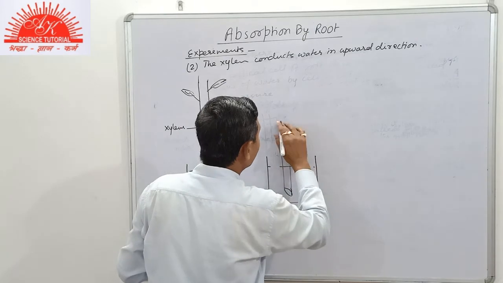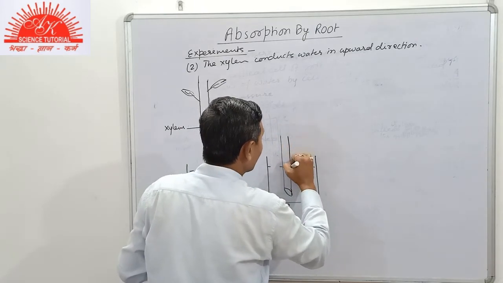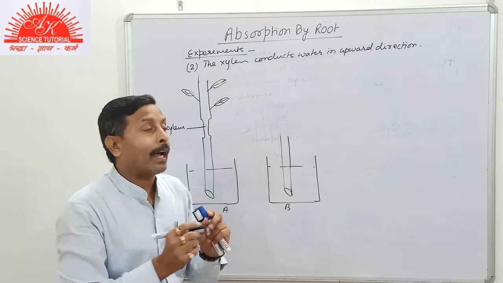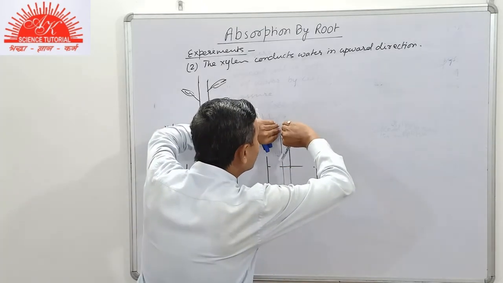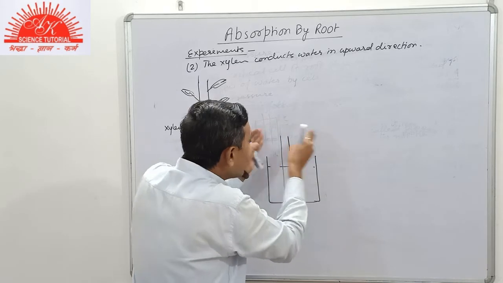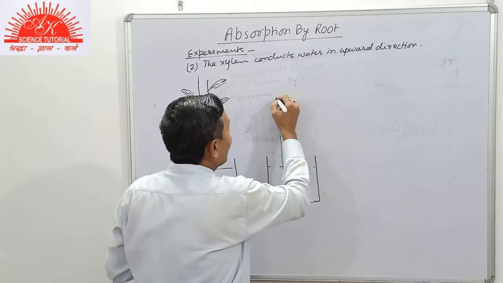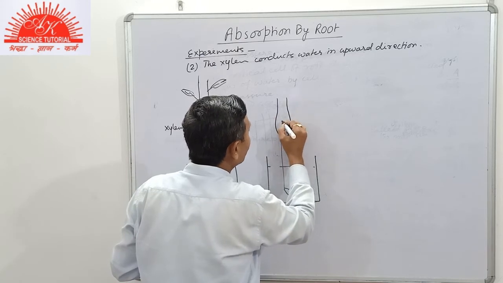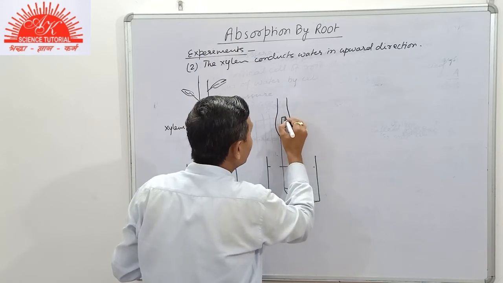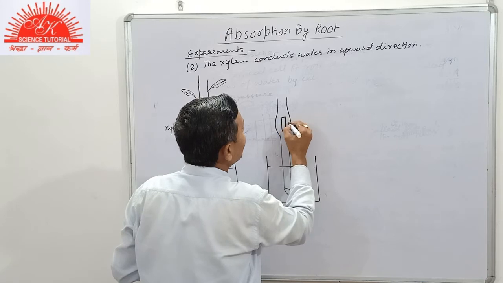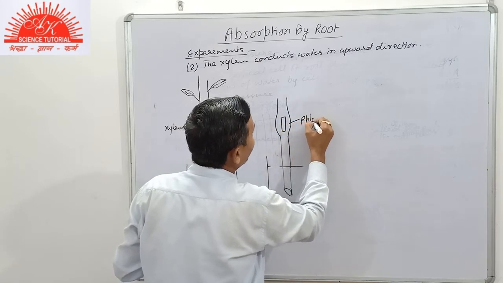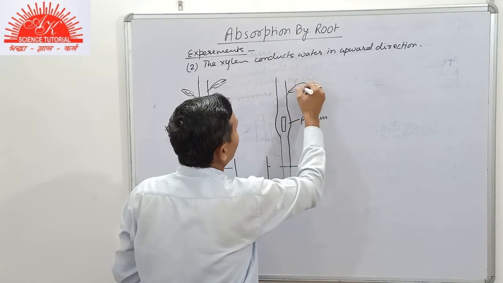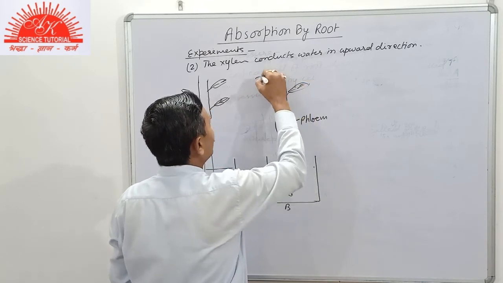But in the second part, with the help of a needle and sharp knife we widen the outer layer, and then we remove the central hard part, that is, the xylem is removed. Here the xylem is removed and the phloem remains intact. Here is again the leafy twig, so there is the leaf.